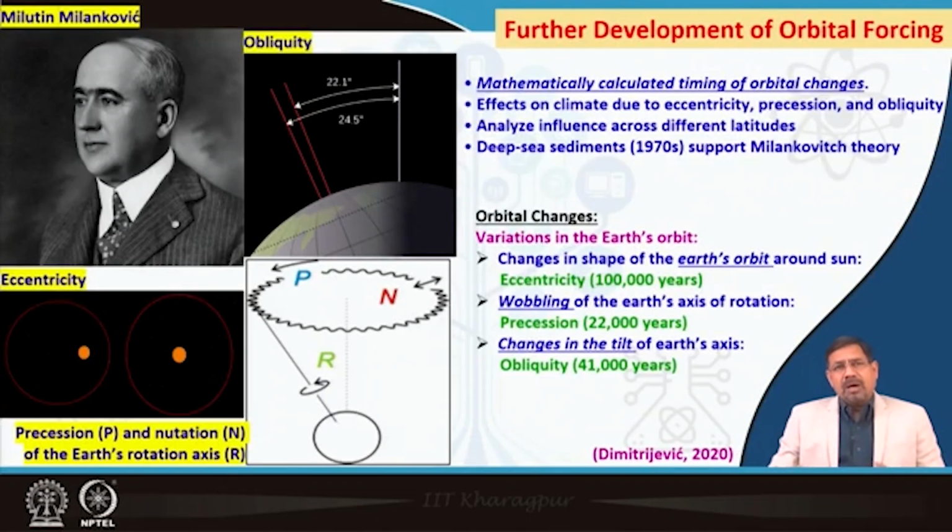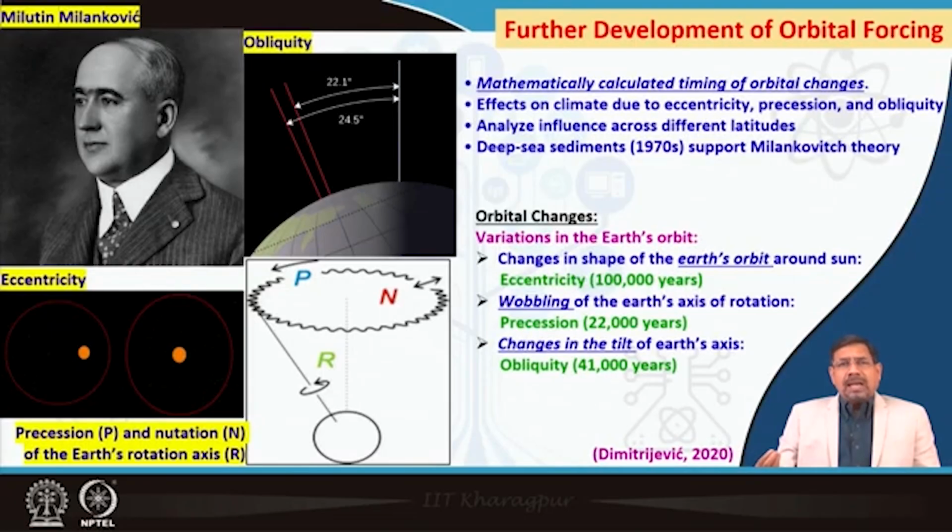Now, taking this forward, the great Milankovitch expanded it. Mathematically, he calculated the timing of orbital changes. He explained the effects on climate due to eccentricity, precession and obliquity.